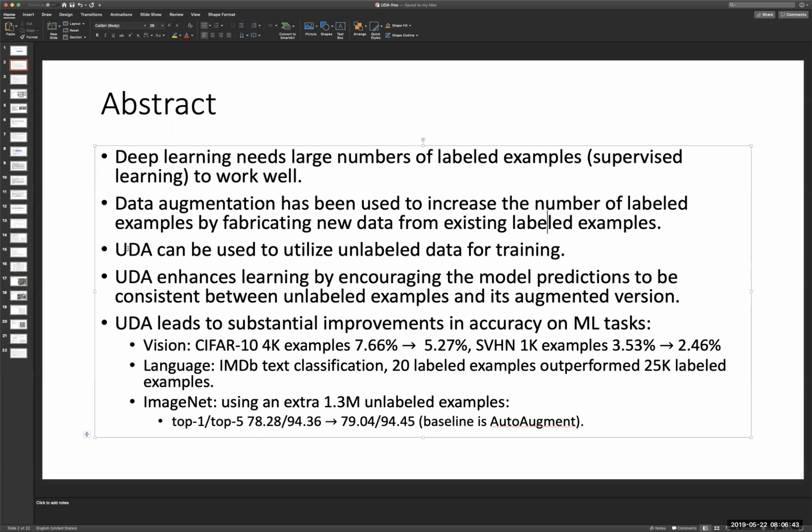UDA, that's unsupervised data augmentation, can be used to utilize unlabeled data for training. So that's the main point of this paper, applying this augmentation to unlabeled data to improve performance of a model.